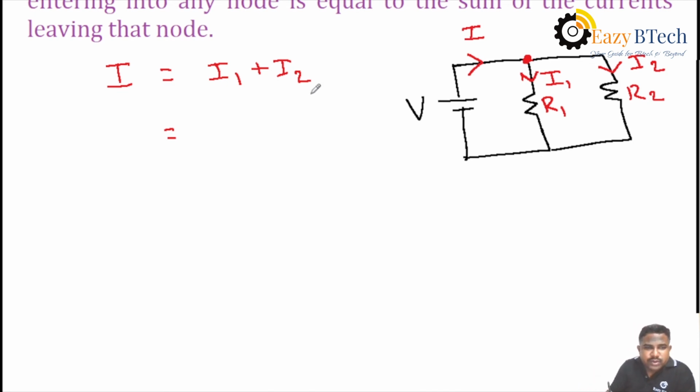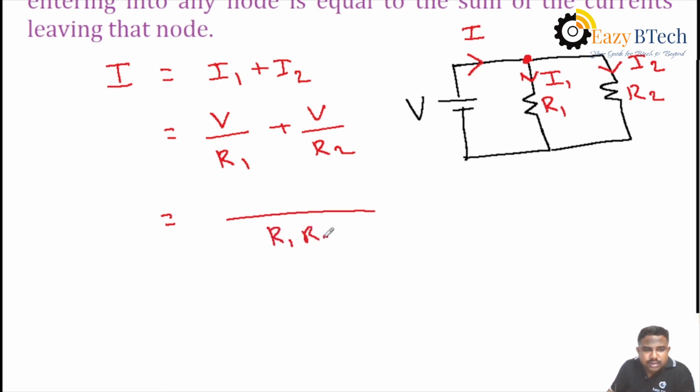That's why, according to Ohm's law, I equal to V by R. That means V by R1 plus V by R2. Then take the LCM on both sides, that is R1 R2. Then V is common, and in the numerator we have R1 plus R2.